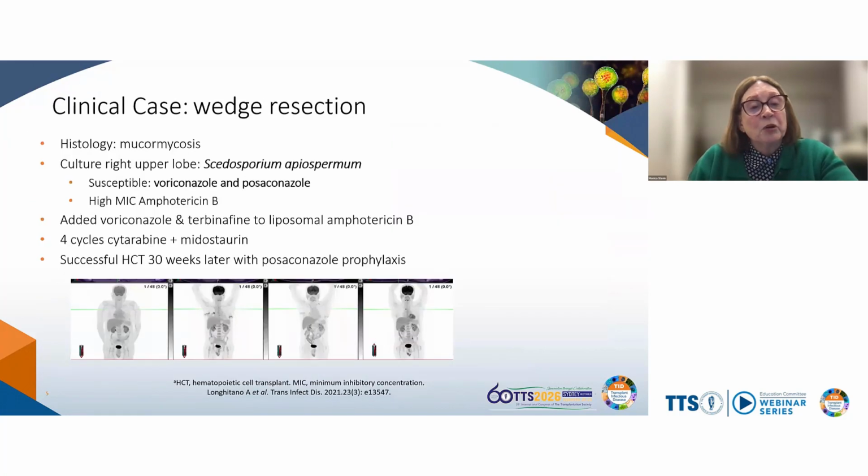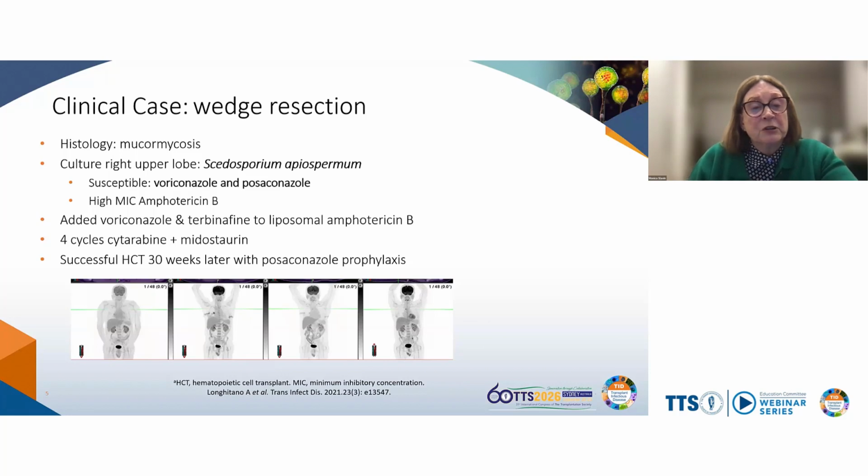Next slide. So what do we find? Well, we confirmed that it was mucormycosis on histology, but what was very interesting was that the right upper lobe nodule also grew Scedosporium apiospermum, which we know to be a fungus resistant to amphotericin B, and likely the reason for the progression at 2 weeks of treatment with amphotericin.